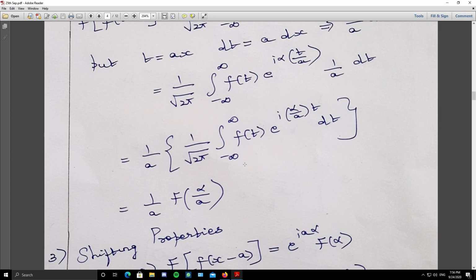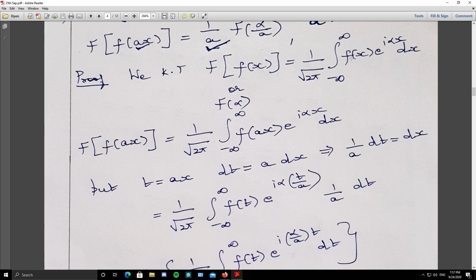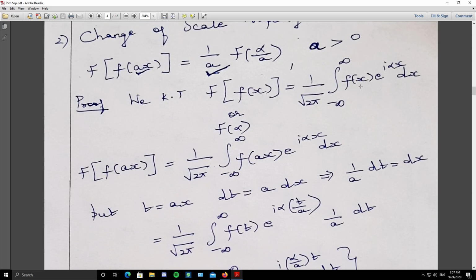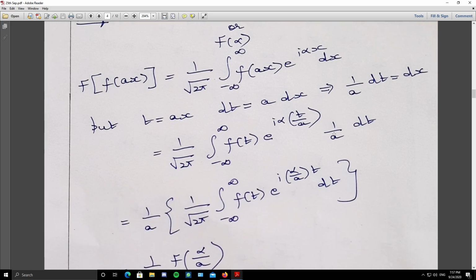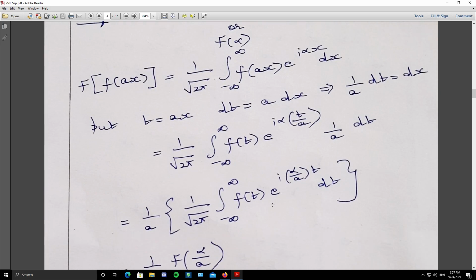So now you see this is the same as the definition of Fourier transform. You compare these two integrals, if in place of alpha, you have alpha by a. You see this definition: x is a variable, alpha is a constant. Here, t is the variable, alpha by a is a constant.